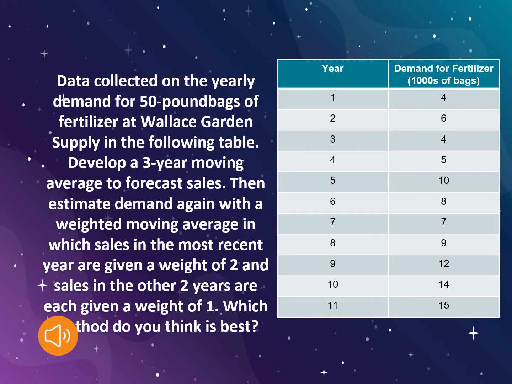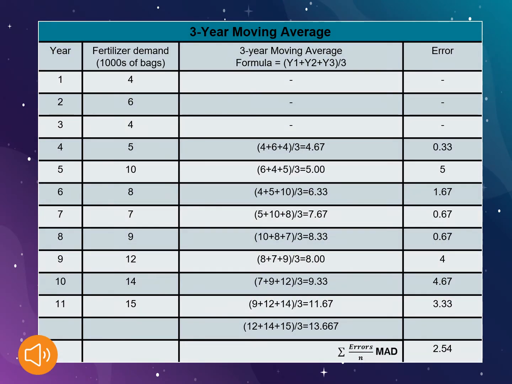For this, first we have to create the two forecasts, the moving average and the weighted average, which I am going to show you in the next slides. Here I'm showing you the 3-year moving average table.